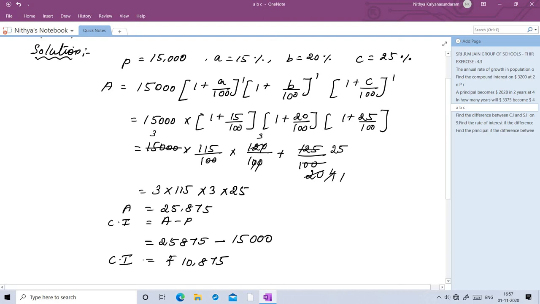So the compound interest is rupees 10,875. If 3 different years' rates are given, our amount formula is principal into (1 plus A by 100) power 1, (1 plus B by 100) power 1, (1 plus C by 100) power 1. Here A, B, C are the rates of interest for the 3 years. So finally our compound interest is 10,875.